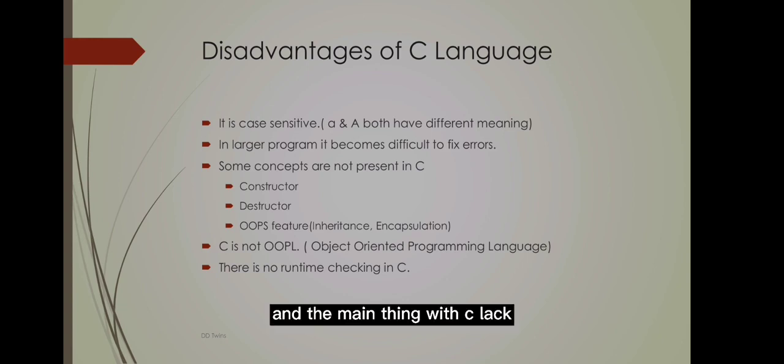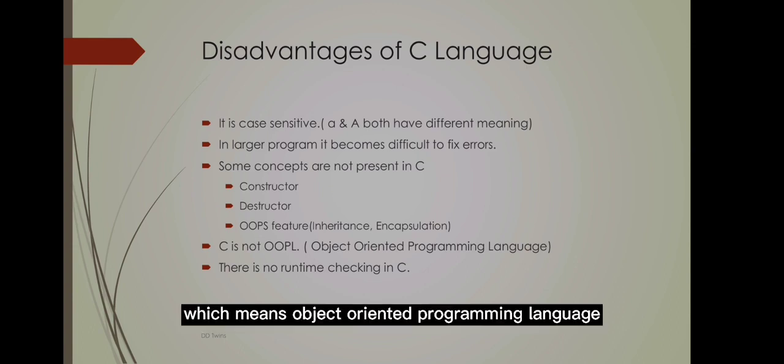And the main thing which C programming lacks is constructors, destructors and OOP features. OOP features are basically found in Java. Inheritance means reusing code by using a class, but there is no such option in the C language. And C is not an OOPL, meaning an object oriented programming language.